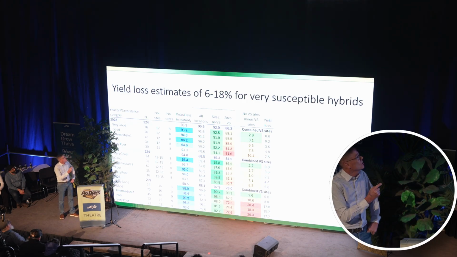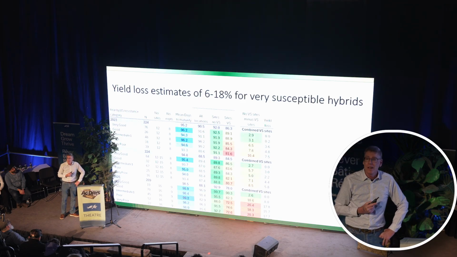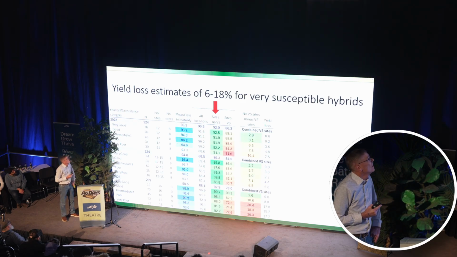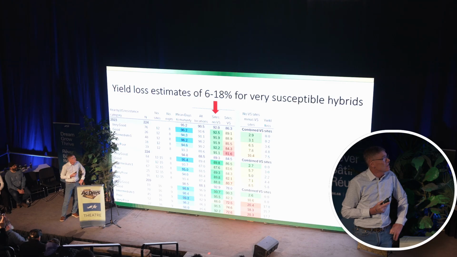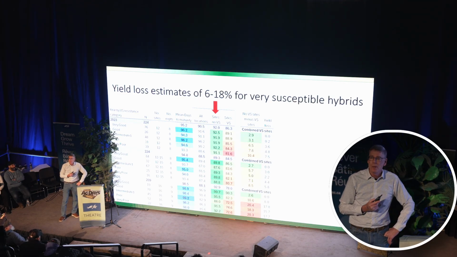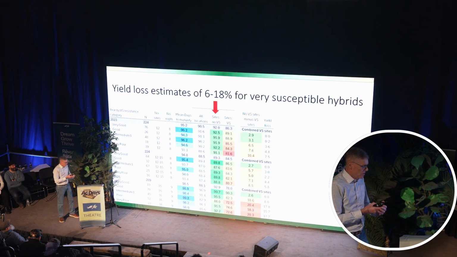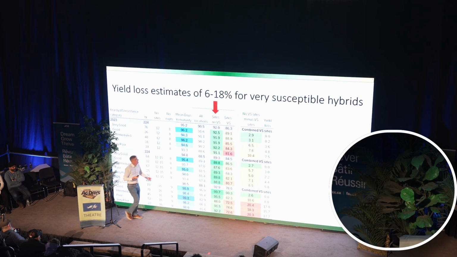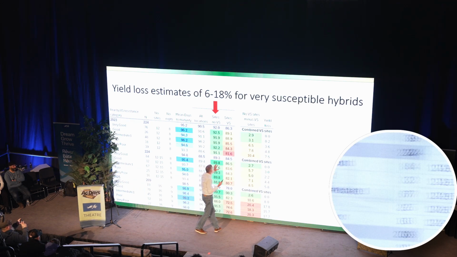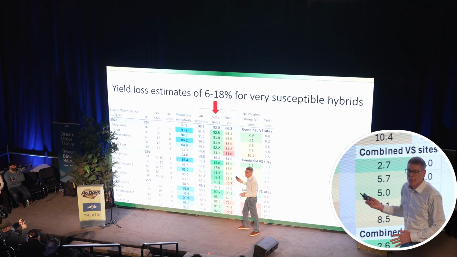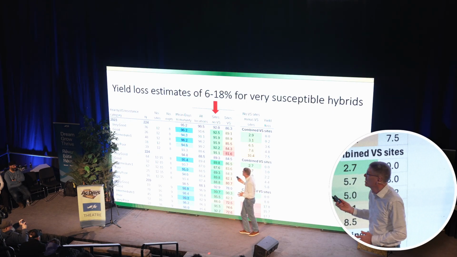So what I get out of this, and the title tells you what I think is going on here. Yield loss estimates of 8 to 18 or 6 to 18% for very susceptible hybrids. That's what I can see. So what we're doing here, you'll first of all look at these yields here. These are all yields expressed as percent of the registration checks.